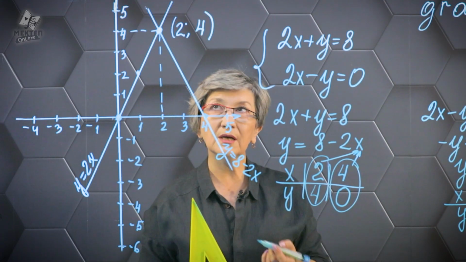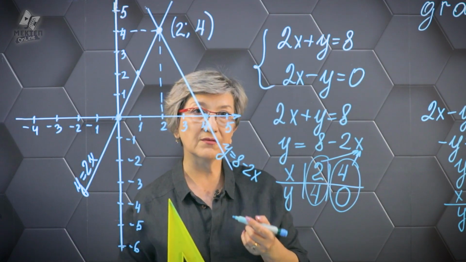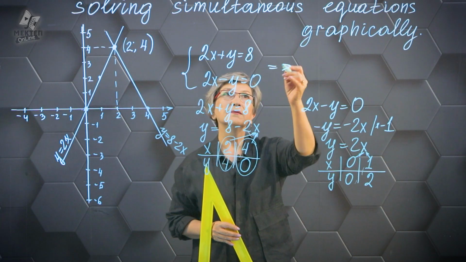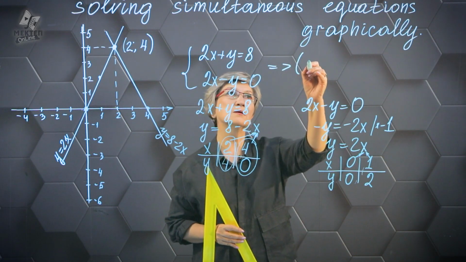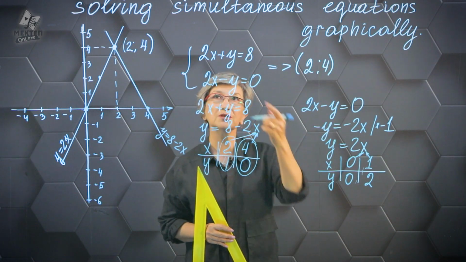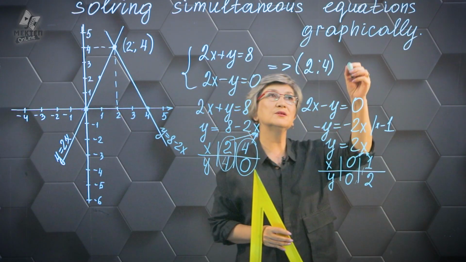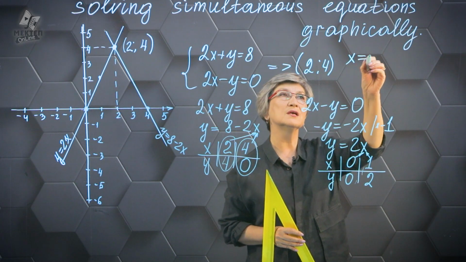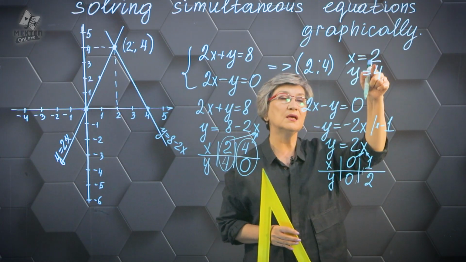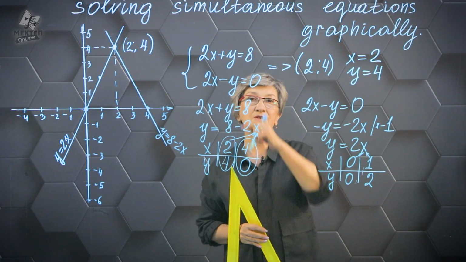We got a common point with coordinates (2, 4). Therefore, this pair of numbers will be the solution to our system. This answer can be written as follows: x equals 2 and y equals 4. This pair of numbers will be the solution for our system.